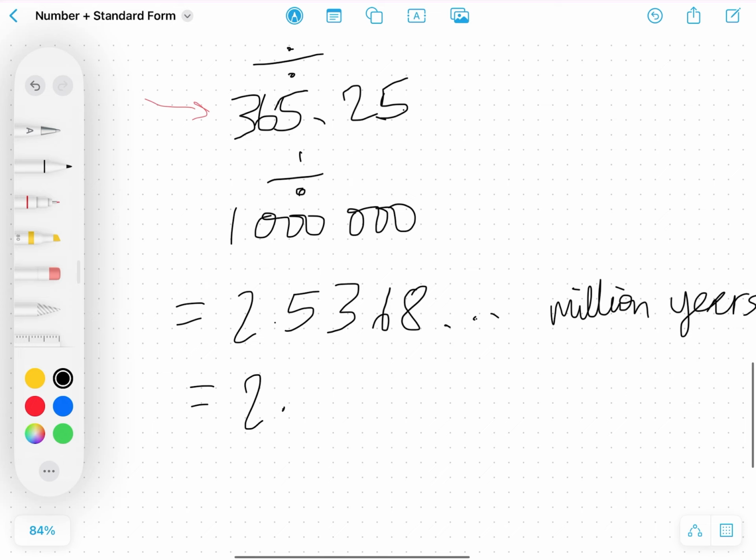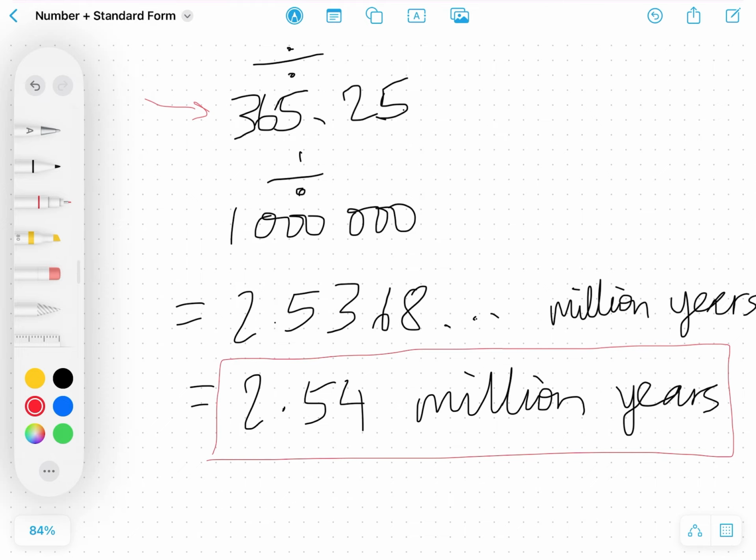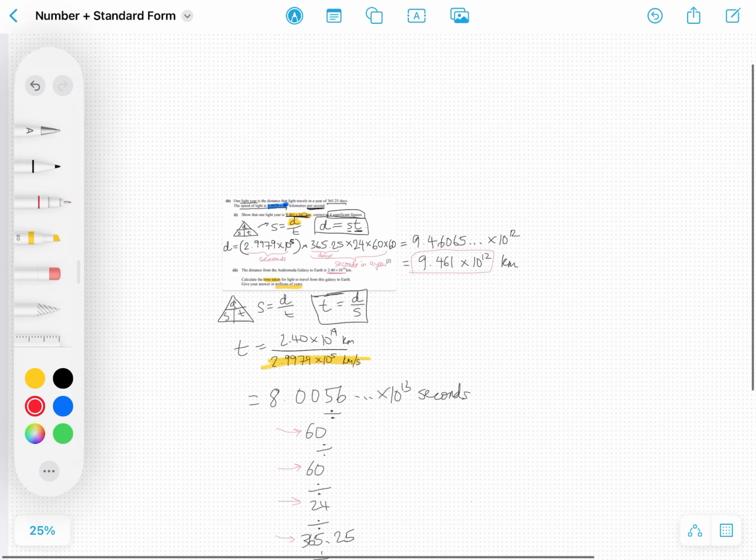Or if you round it to 3 significant figures, that would be 2.54 million years. And yeah, that's the answer. 2.54 million years.